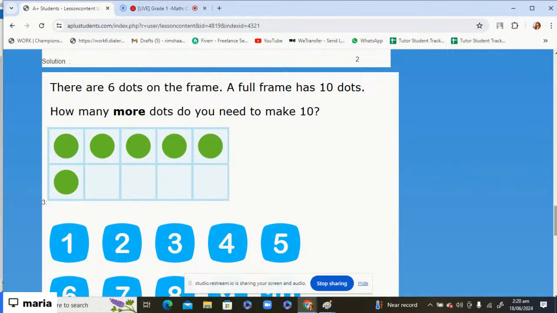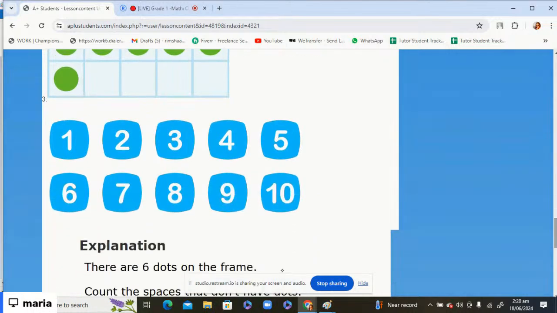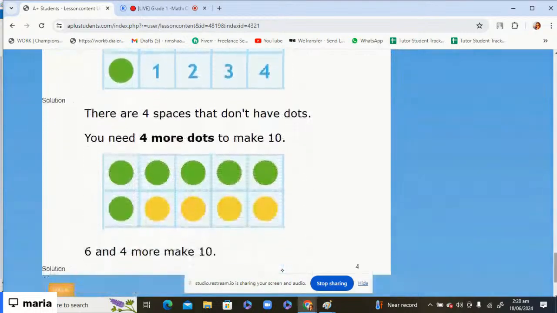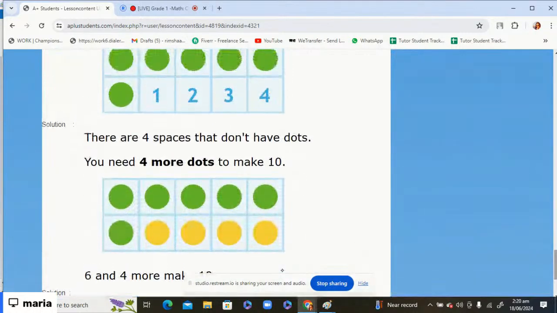Count it, you all, please, and then tell me. Look at here. It's one. One place is left. Second place is left here. Third place is left here, and this is the fourth place. So we can say that these are the fourth. Okay. So four more make 10.